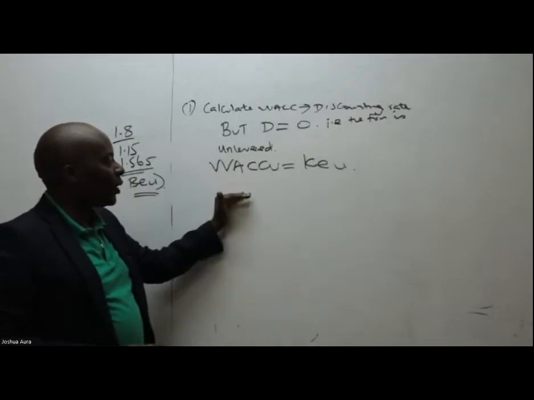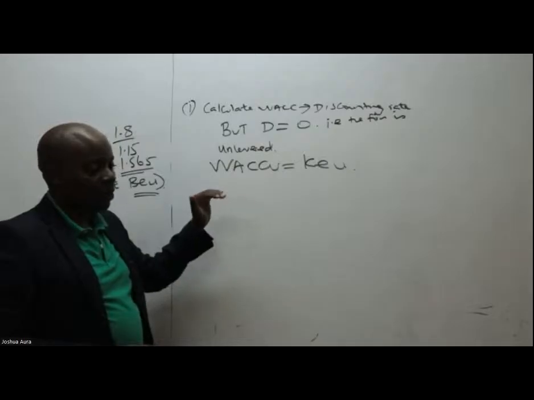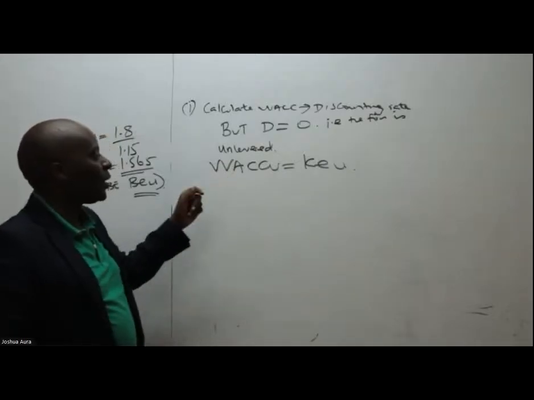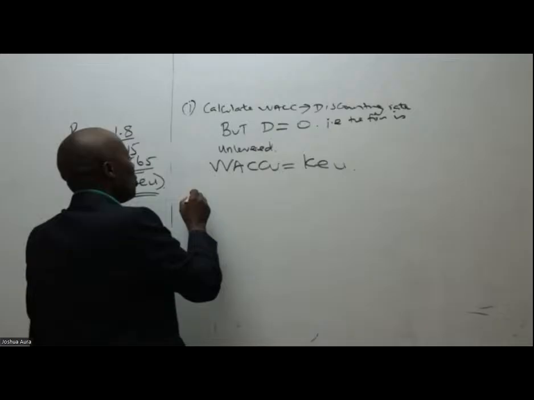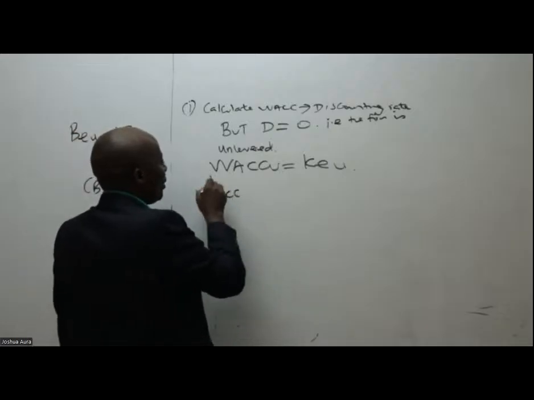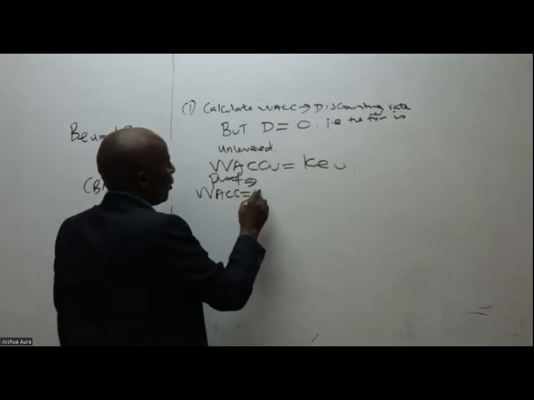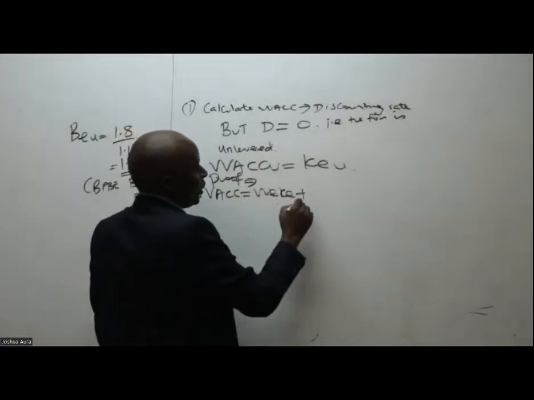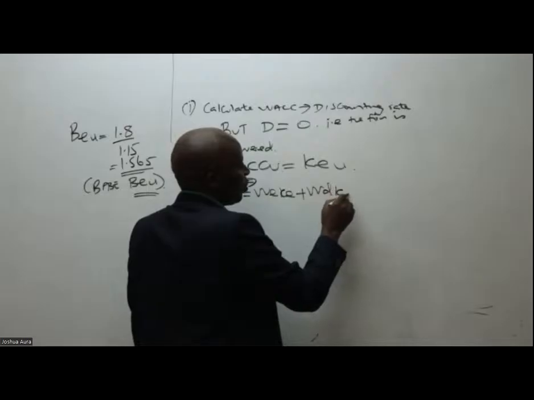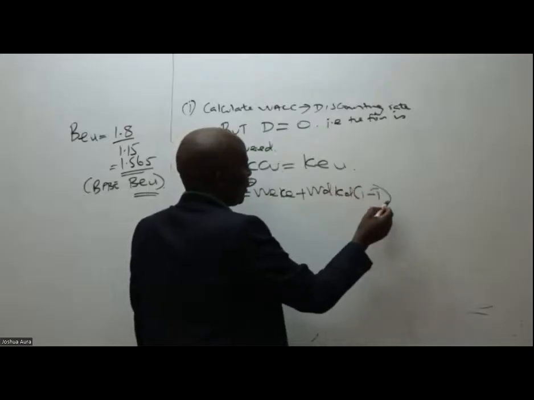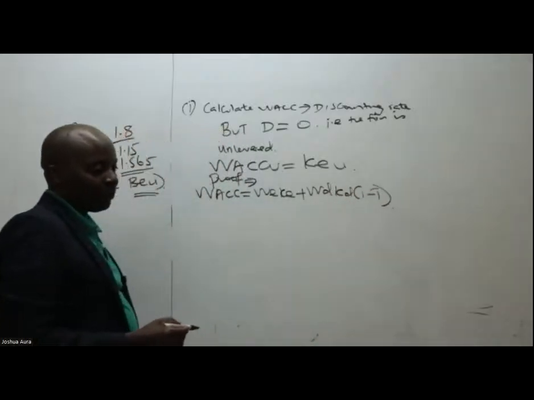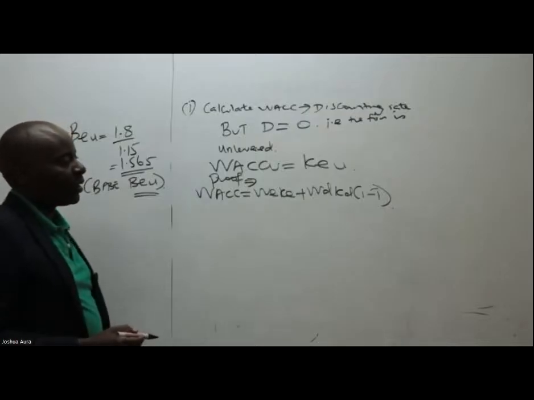No. It's WACU equals KEU. And we can prove this. To get WACC, we take weight of equity times cost of equity, plus weight of debt times cost of debt, times 1 minus tax.